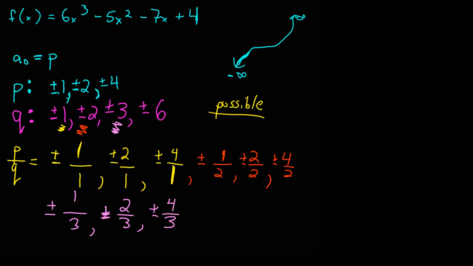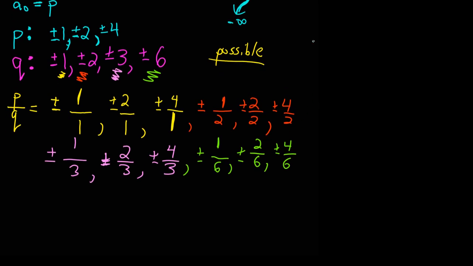And my last denominator, which is 6. So I can have 1 over 6. I can have 2 over 6. And I can have 4 over 6.